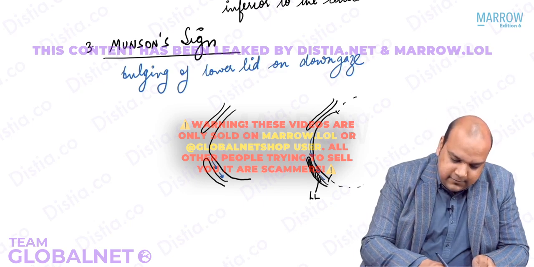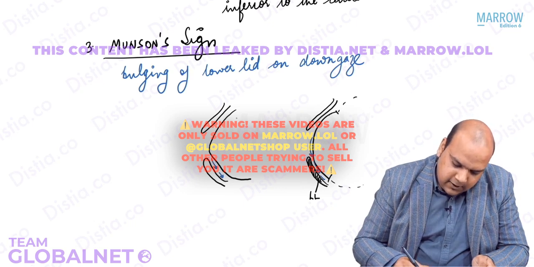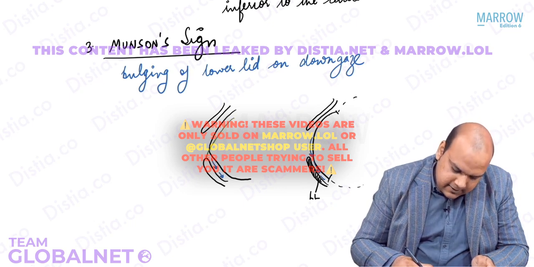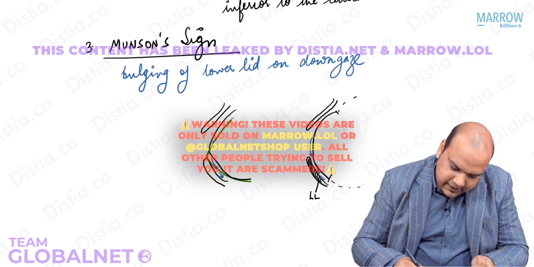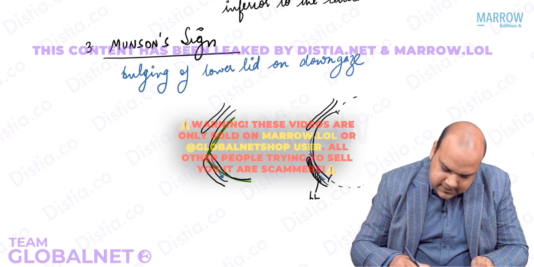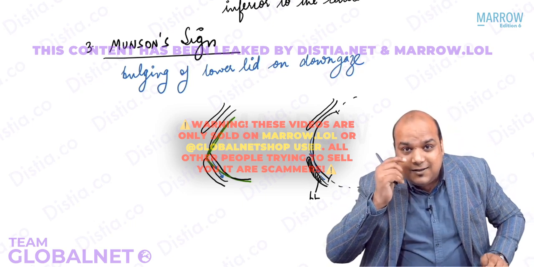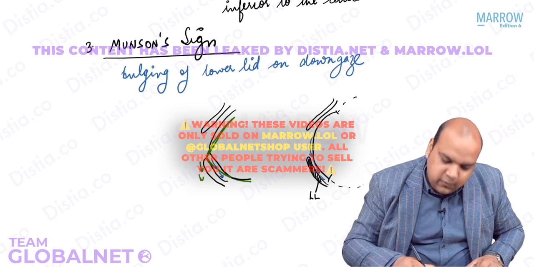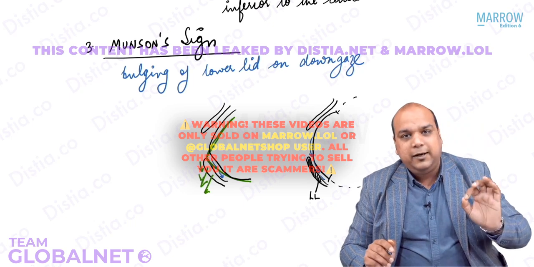This cornea, now I'm drawing it with green color. This cornea will roll down in such a place that the edge will get stuck over the eyelid margin. Yes? The edge of the cone is getting stuck over the eyelid margin. So when you try to look more down, the eyelid will also be pushed down. Am I clear to everybody?